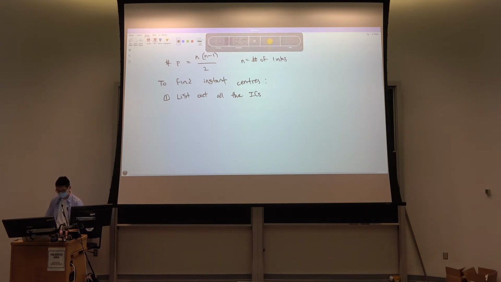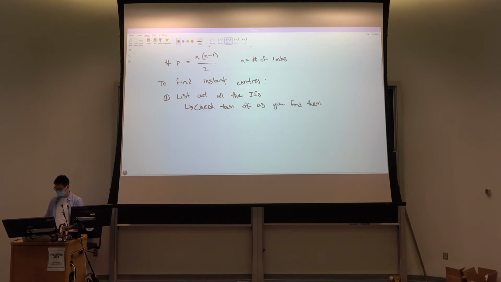Well, not really step 2. Step 1.5 is to check them off as you solve them. That's just a trick to help you keep track of which ones you found and which ones you still need to find.